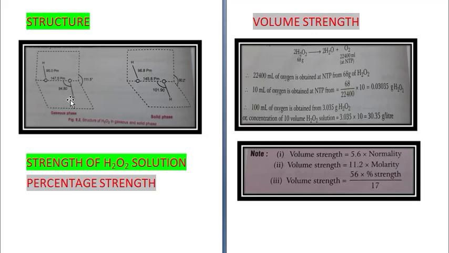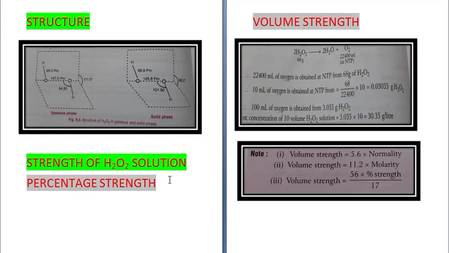Now in between the two planes, the angle is 111.5 degree in gaseous phase, and in solid phase this angle is 90.2 degree. In gaseous phase as well as solid phase, the bond lengths are the same. Like OH here is 95 pm, and between O and O it is 147.5 pm.